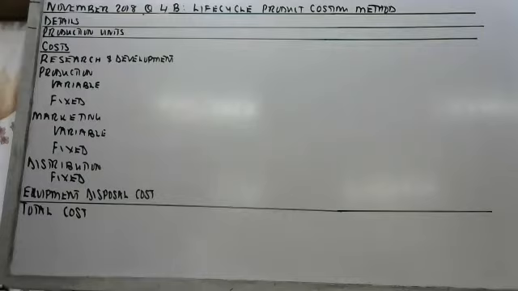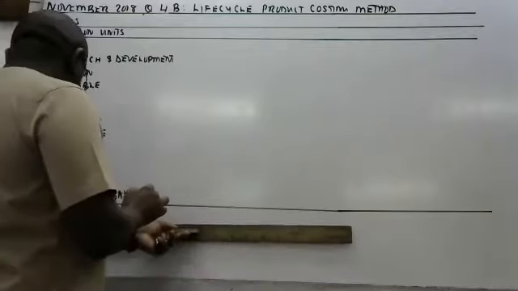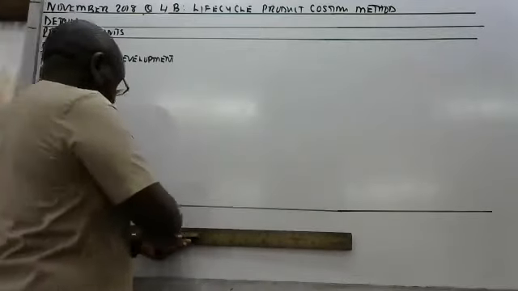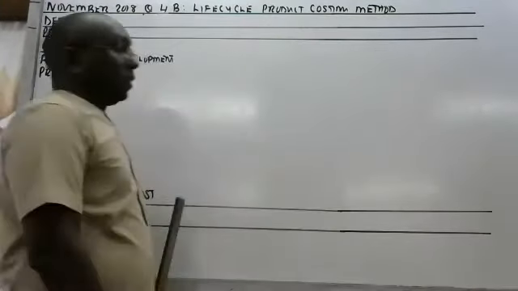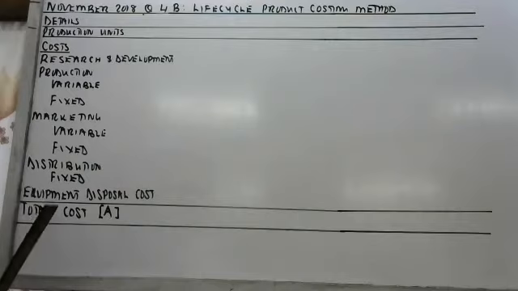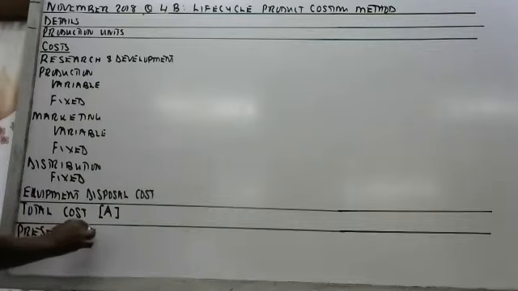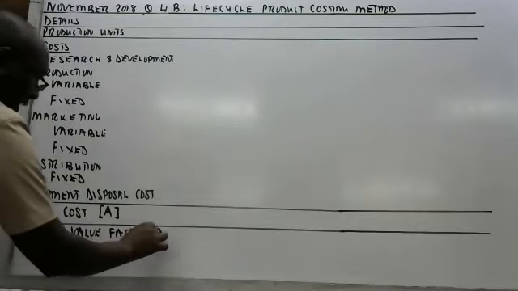And then this total cost, I can call it A. Then there is something else they are calling the present value factor, and I want to call it B.